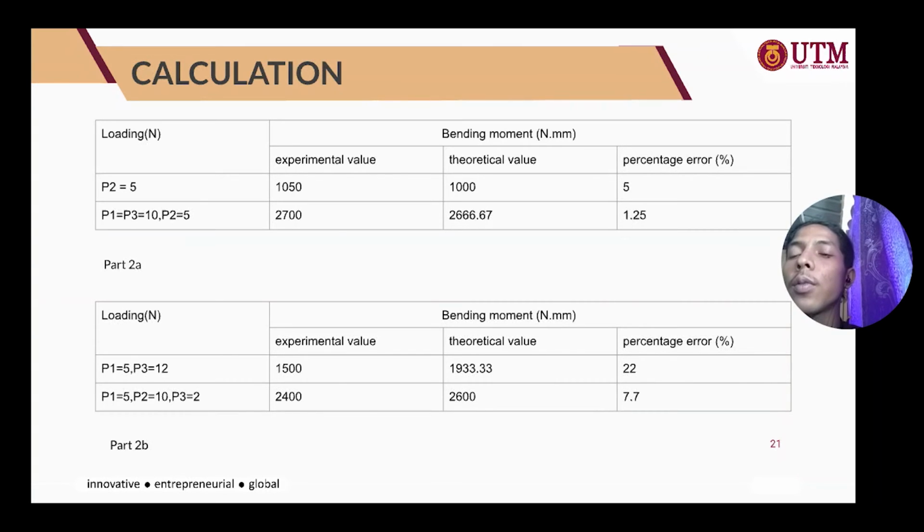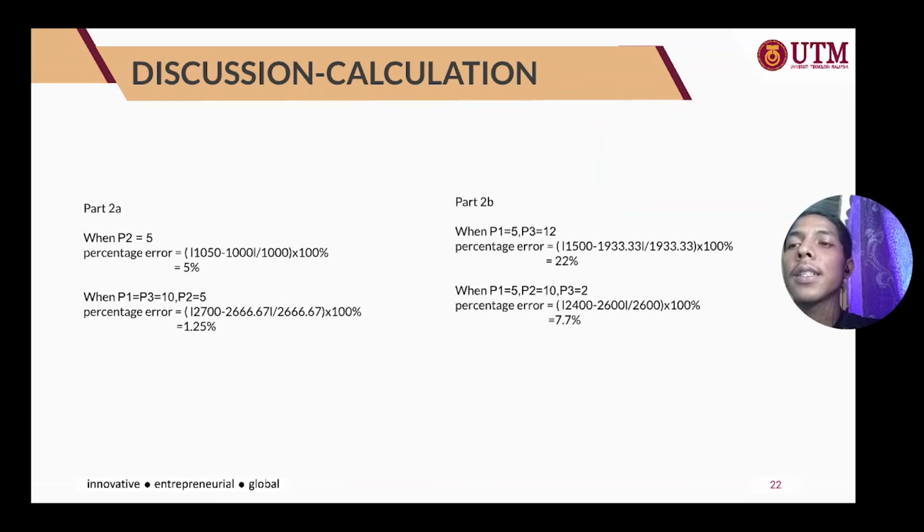For part 2B, P1 equals 5 Newton, P3 equals 12 Newton, the percentage error is 22, and for P1 equals 5 Newton, P2 10 Newton, P3 equals 2 Newton, the percentage error is 7.7%. This is the calculation for part 2A and part 2B. Just use the same formula.